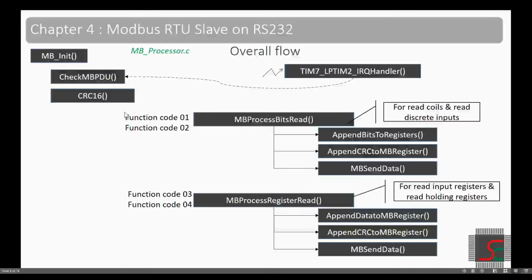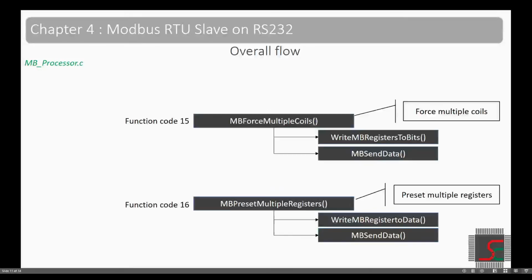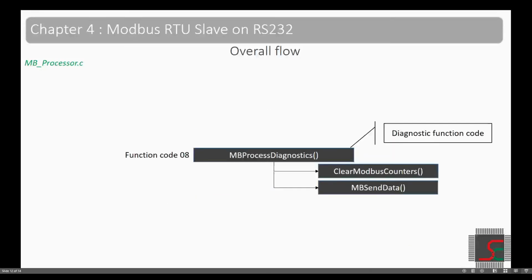After the CRC is verified, based on the function codes, we call various other C functions. For function codes 1 and 2 we call mb process bits read. For function codes 3 and 4 we call mb process register read. In the same way, based on function code 5, 6 and other function codes, all these C functions are created and tested by me.